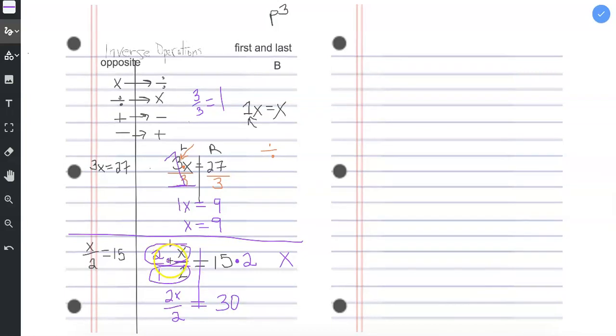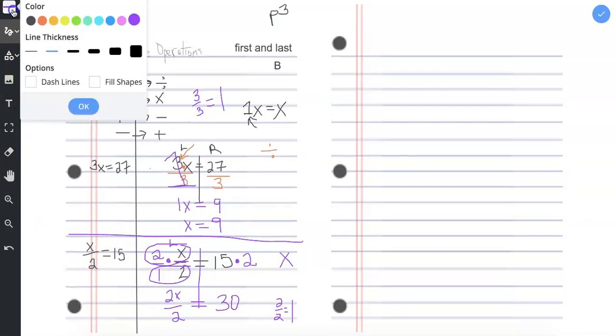Now, by multiplying by 2, what happened is, do you see that I have 2 divided by 2? Well, 2 divided by 2 is equal to 1. Anything over itself is 1. So negative 5 divided by negative 5 equals 1. 3 over 3 equals 1. 8 over 8 equals 1. So this 2 over 2 is equal to 1.